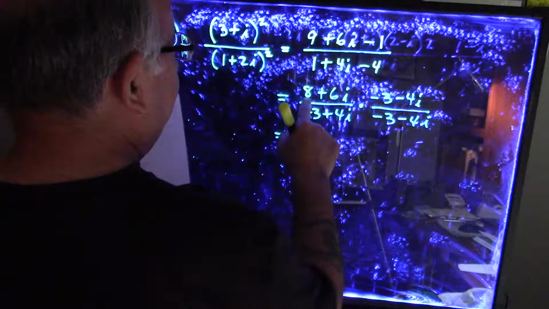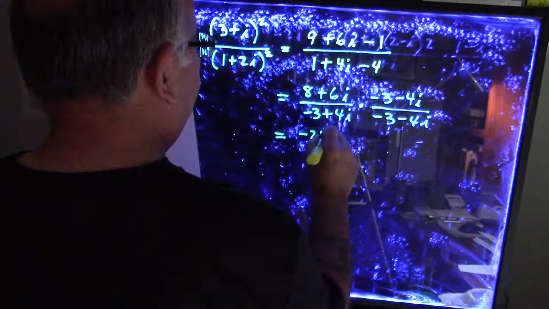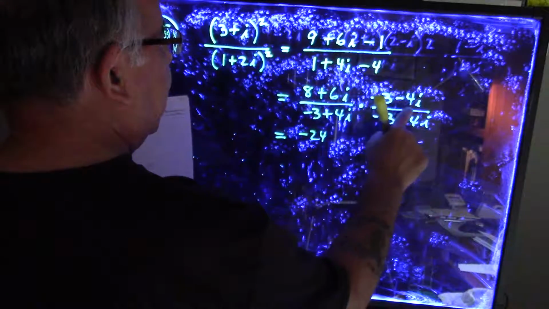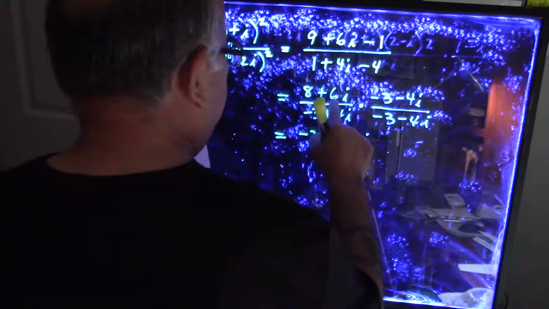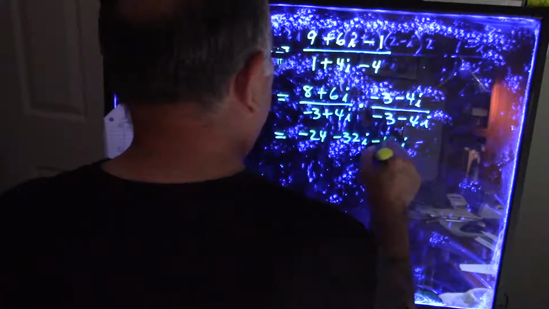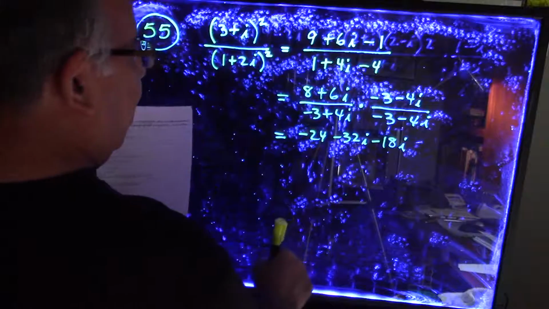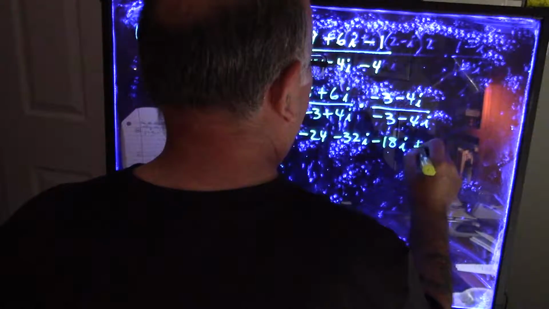Okay, so this times this is negative 24, and 8 times negative 4i is negative 32i, and then 6i times negative 3 is negative 18i, and then 6i times negative 4i is negative 24i squared, or plus 24.